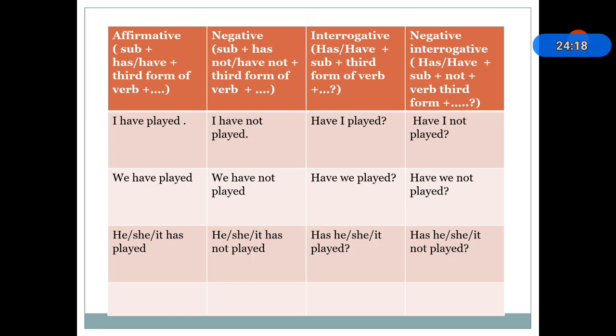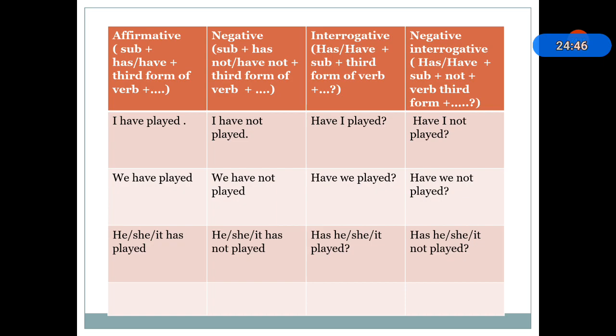Example, I have played, we have played, he, she, it has played. Can you see the difference? With I and you we use have, and when the subject is plural we use have, and has is used when we are talking of the third person singular.